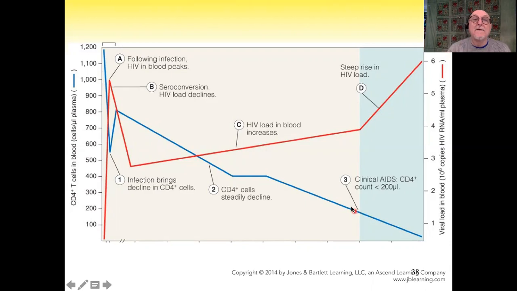The normal count is around about 1,200 CD4 cells per microliter of plasma. They drop and drop and drop until they reach this point here, around about 200 cells per microliter. That is the clinical definition of AIDS, and it is at this point that the immune system actually begins to collapse completely.